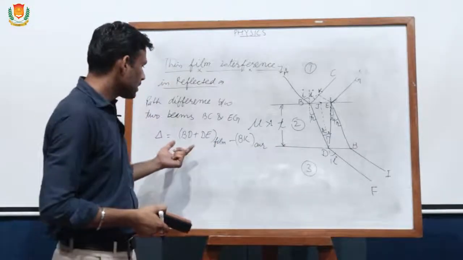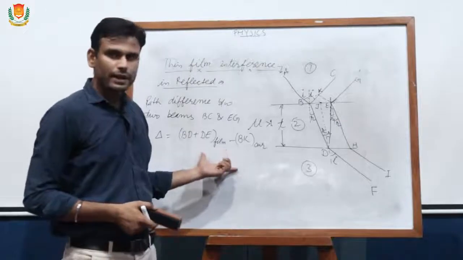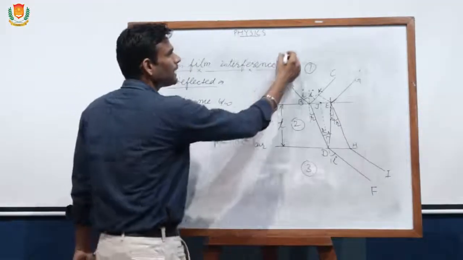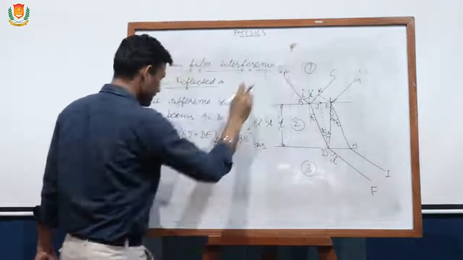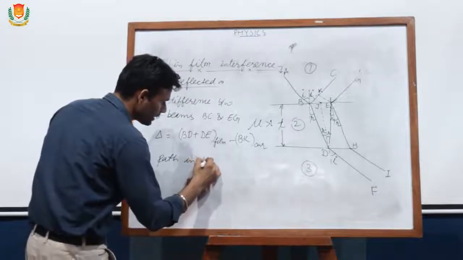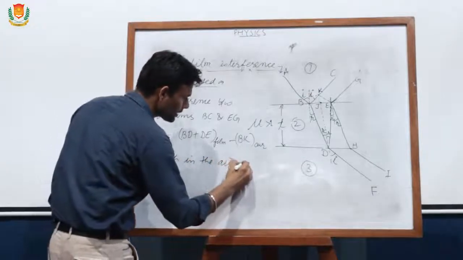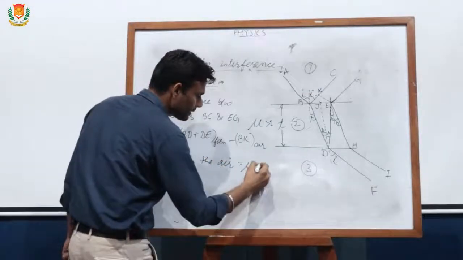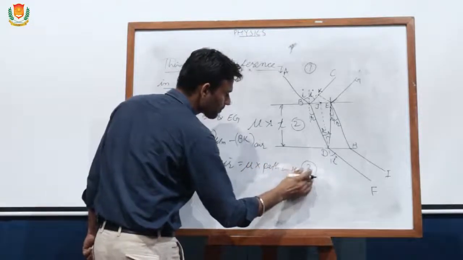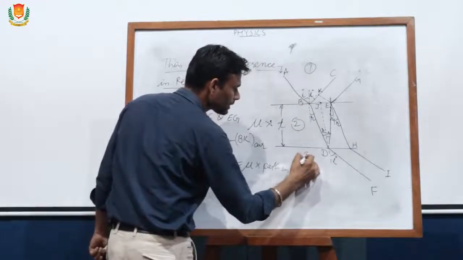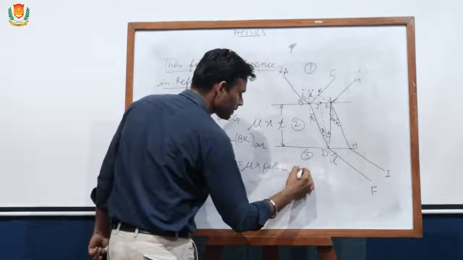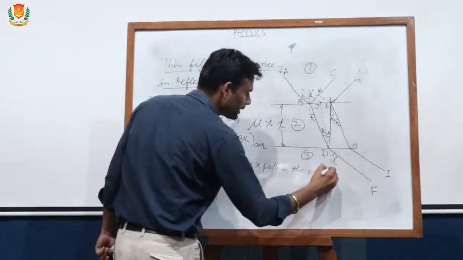We have to convert to the same medium. So we know the formula that path in the air is equal to mu times the path in the film, or path in the medium.